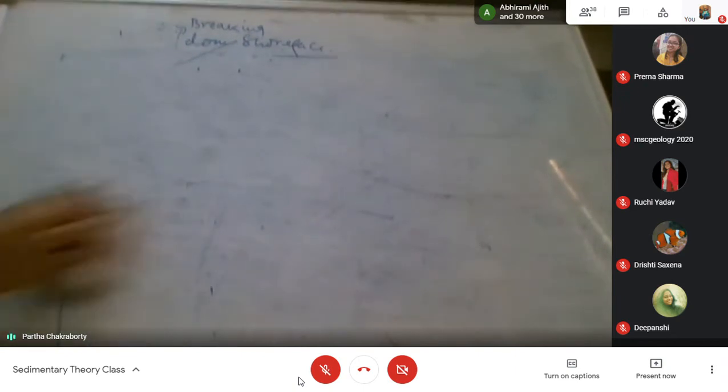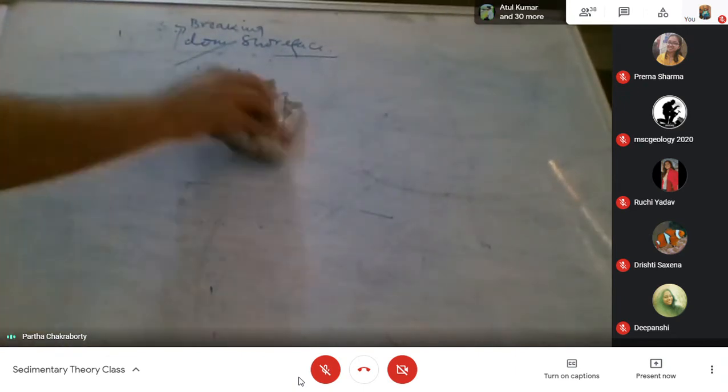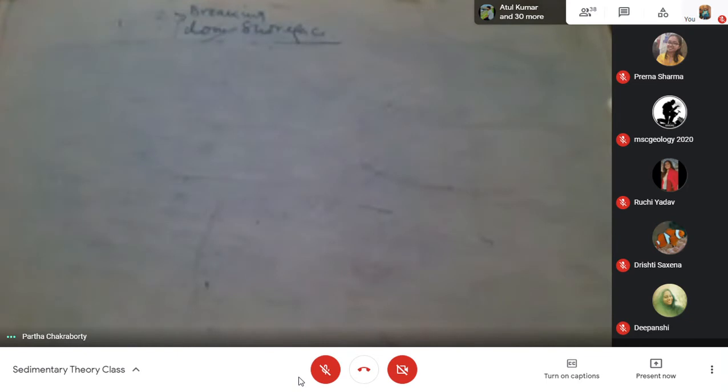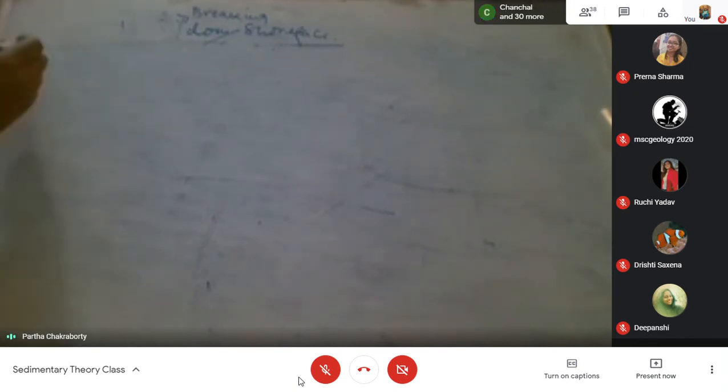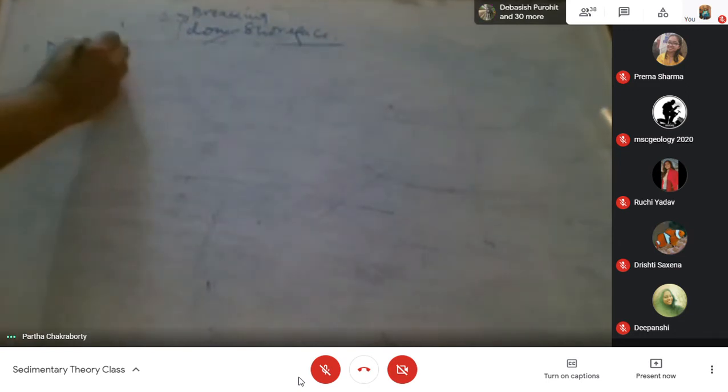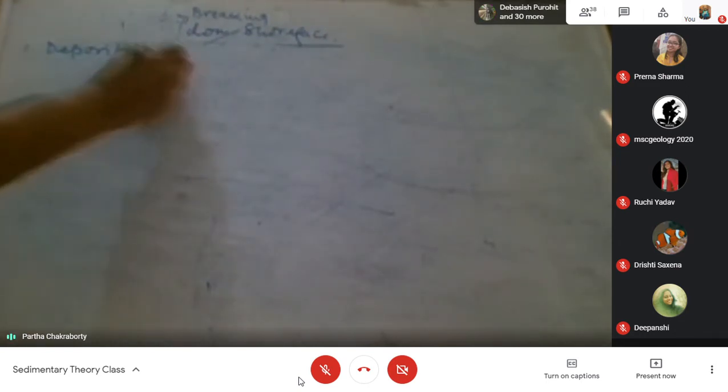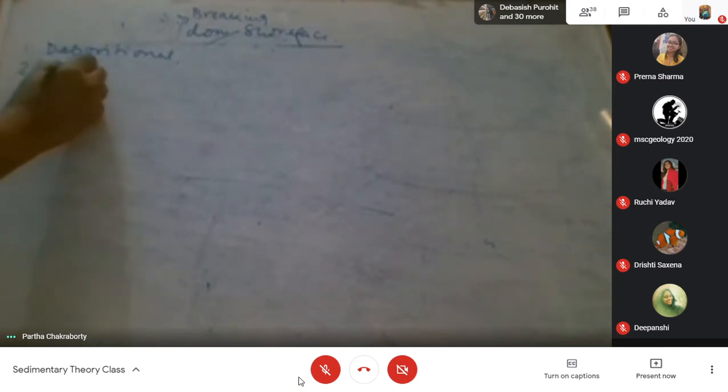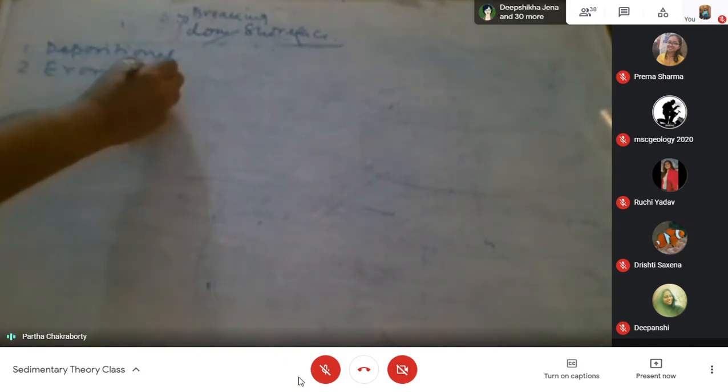Now, what is hummock? How does it differ from the other bed forms? See, till date, whatever bed forms or sedimentary structures I have discussed, some are depositional structures and some are erosional structures.